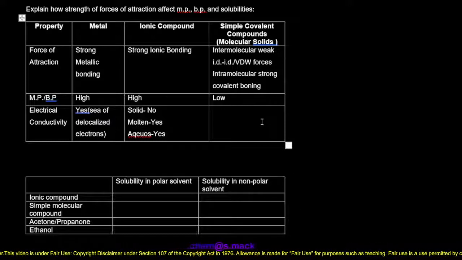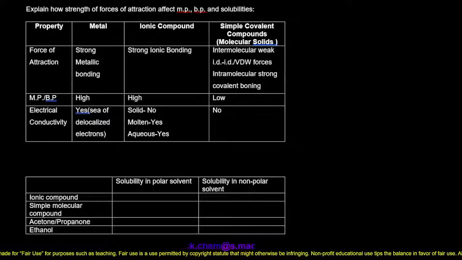Can these simple molecules conduct an electric current? No. There are no free ions or electrons to conduct an electric current. Let's take a look at the solubility of some of our compounds in polar or non-polar solvents.